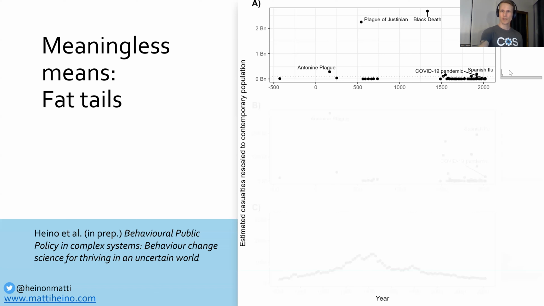But here you see that the typical event, one could say, is very small. And then there are a few, maybe about 1% of the pandemics, that kill more than 1 billion people if they end up killing more than 2,000.